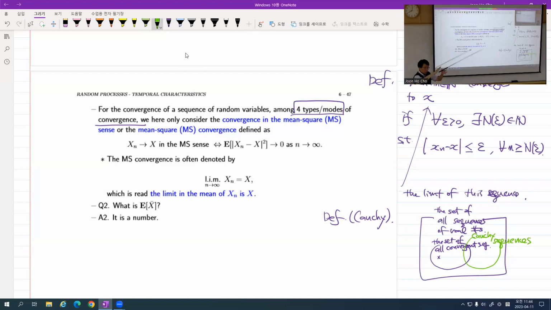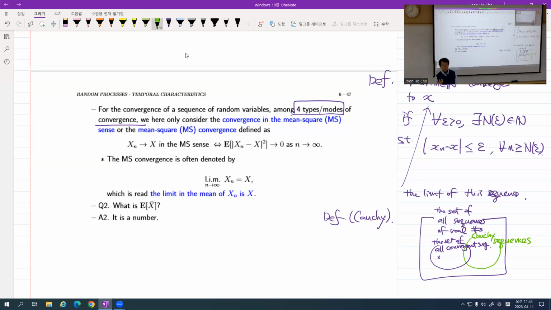If some property is met by a sequence of real numbers, that sequence is called a Cauchy sequence. Got it? So it's a subset. In general, they may have some intersection or not, right? One of them may contain the other, right? What happens?